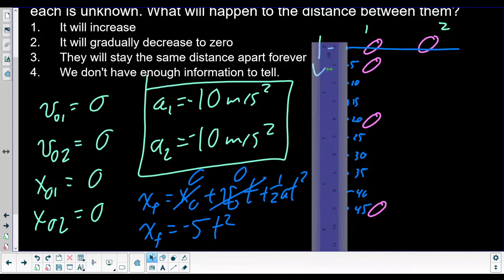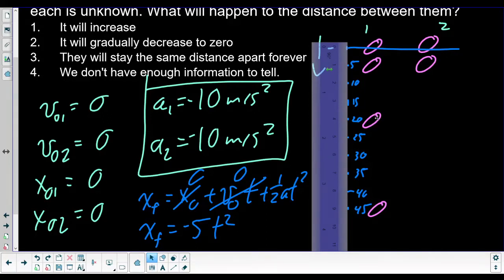So 1 second has passed. This ball has fallen 5 meters. This ball is still at the start. The second passes. This ball falls 10 more meters. This one begins to fall, and plug in 1 because it's fallen for 1 second. It goes to 5. Okay. Now, the third second passes.